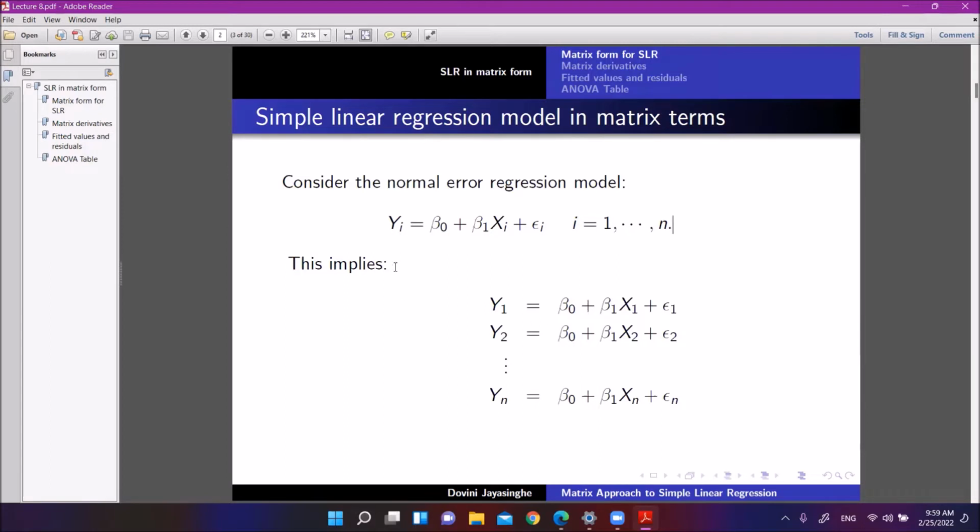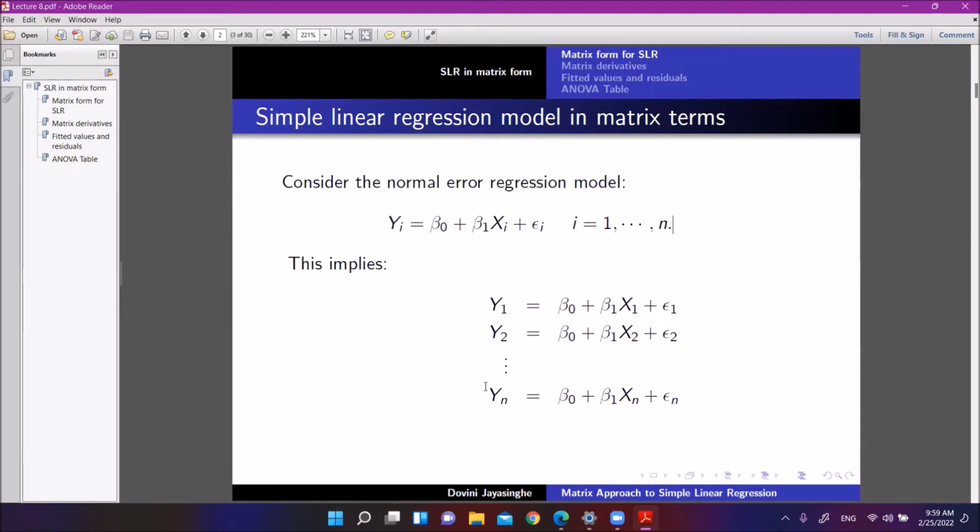So y1 is equal to beta naught plus beta 1 x1, where i is substituted with the value 1, plus error 1. Likewise, we can come up with n equations. It implies this: if we write the model for each and every observation, this is how you write it. I think that is easy to understand.